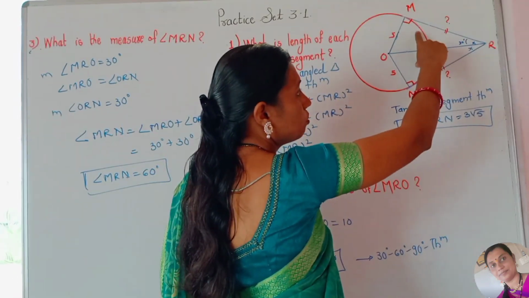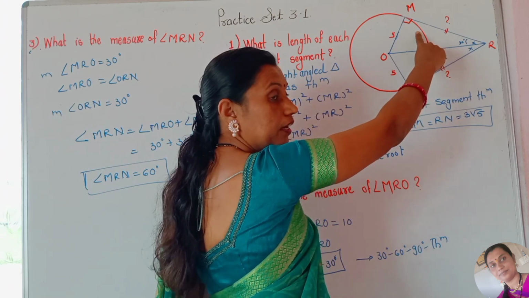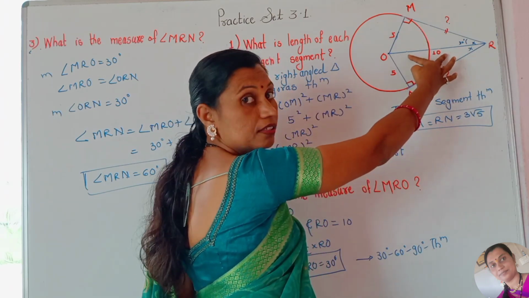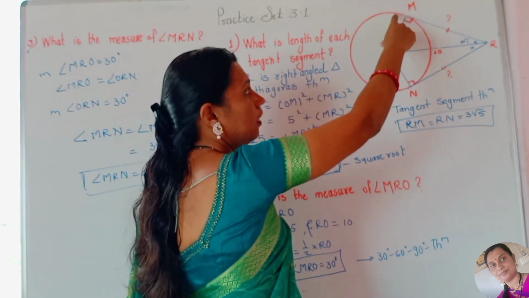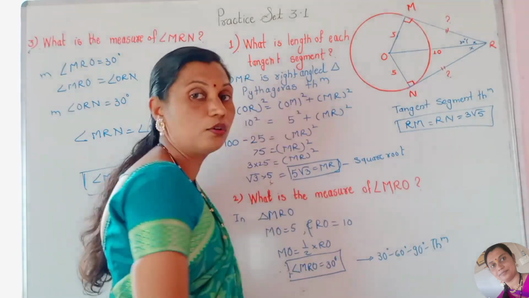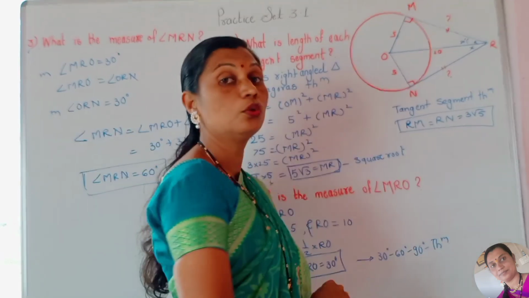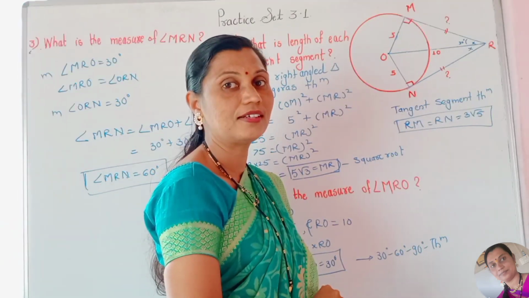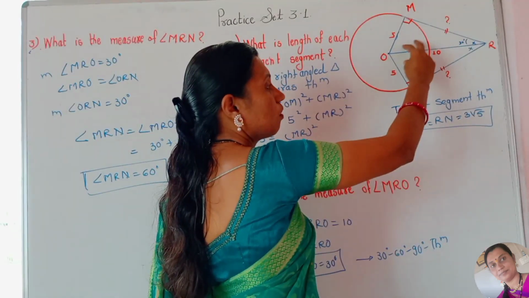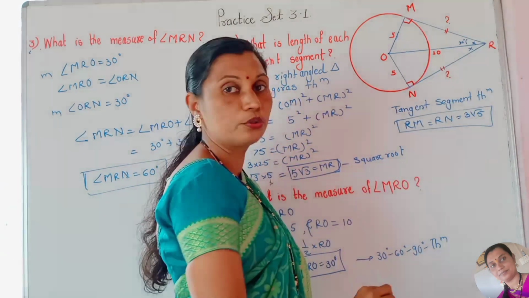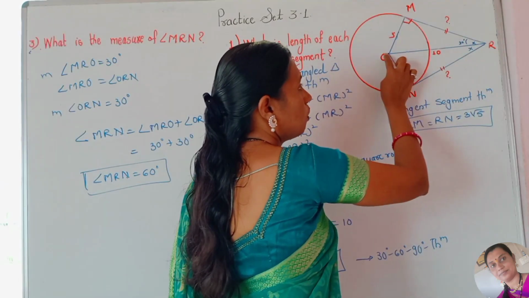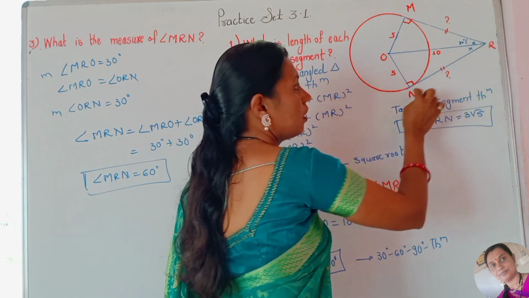Now see here, these two triangles are congruent by hypotenuse, because OR is the hypotenuse and a common side. MO and ON are both radii of the same circle. Therefore, these two triangles are congruent by the hypotenuse-side test. If two triangles are congruent, then the remaining parts are also congruent. Therefore, angle MRO is equal to angle ORN.